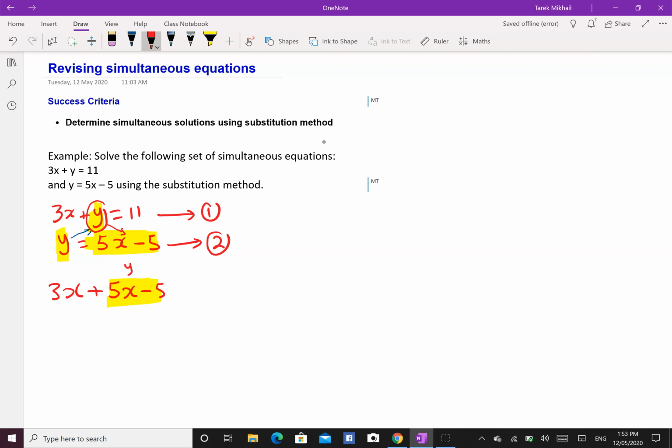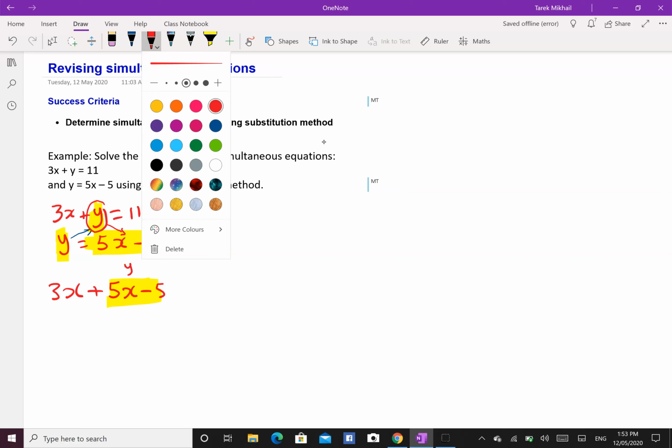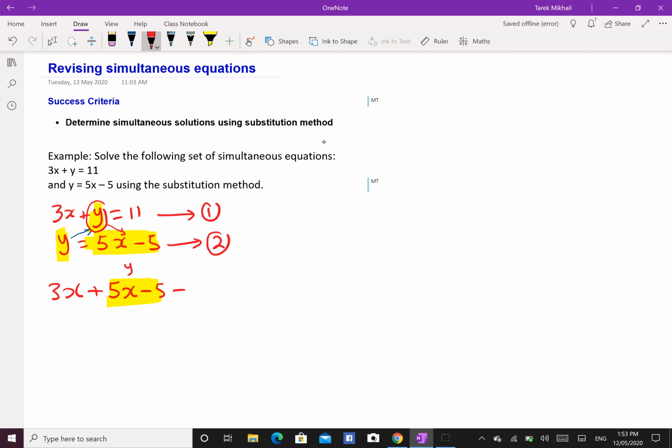I just substituted y with 5x minus 5, and then I complete the equation, which equals 11. Okay, so now we have one variable. In this equation we have just x, while in the first two equations we had x and y. So now we can solve this equation easily.